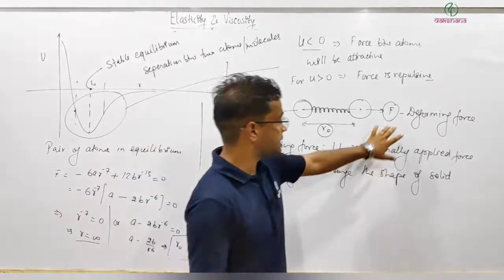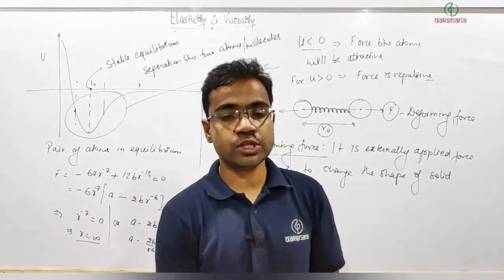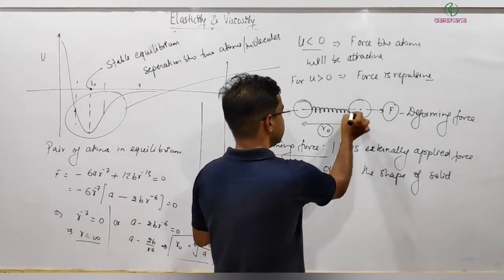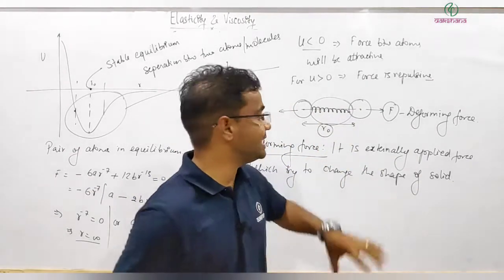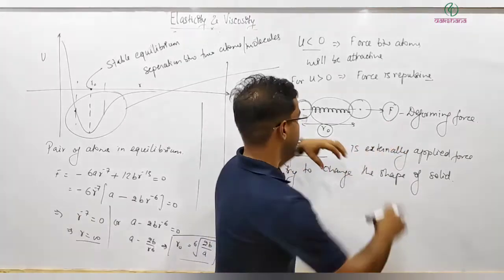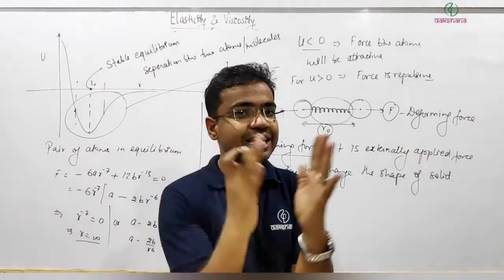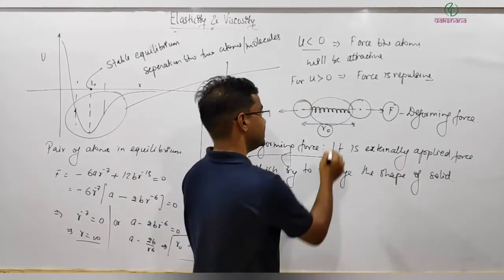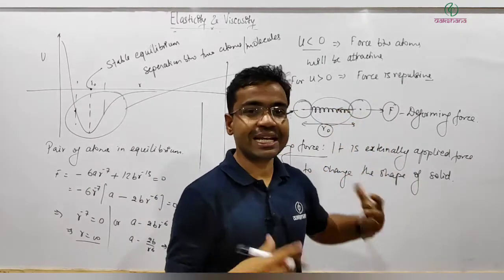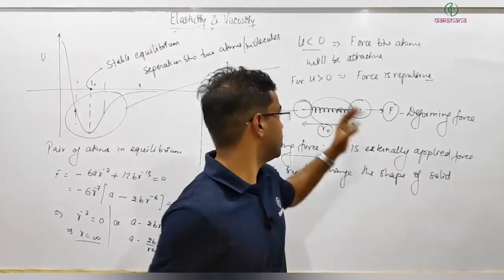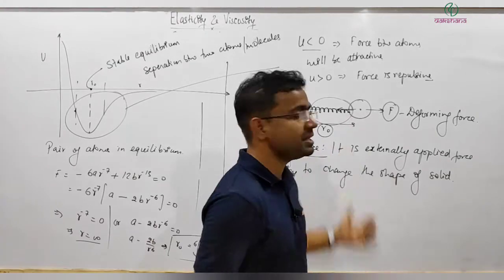So this is the deforming force. Besides that, between any two atoms or molecules, there is another force working, which is trying exactly the opposite. The deforming force is trying to pull them apart, and this spring force will be trying to bring them closer again. So it tries to restore its shape. This is the internal force, the force because of bonding, and it tries to restore the original shape.